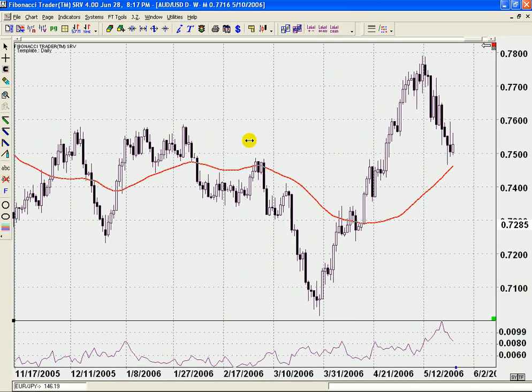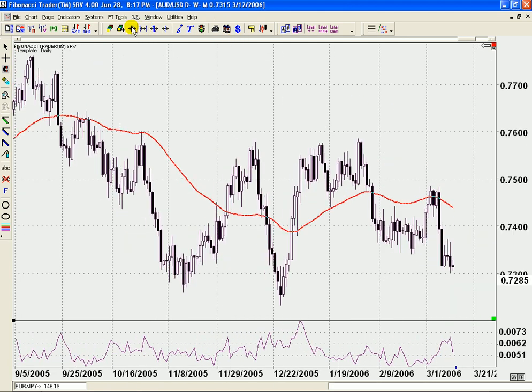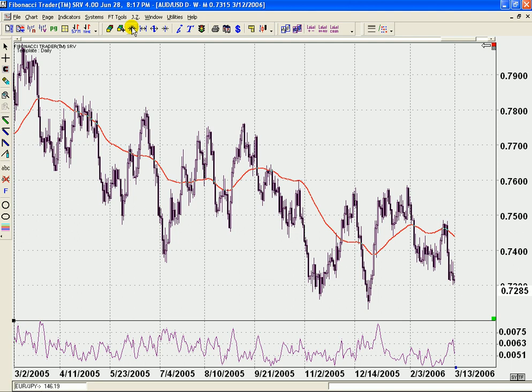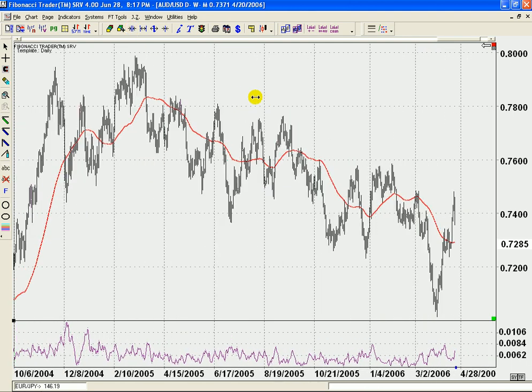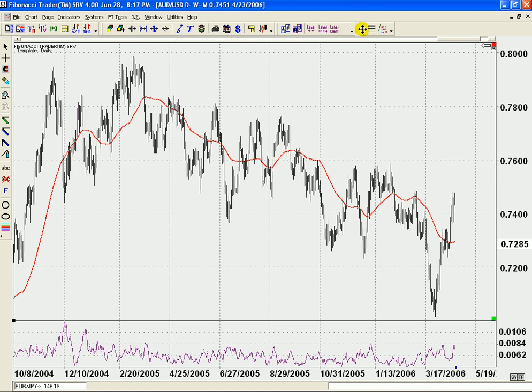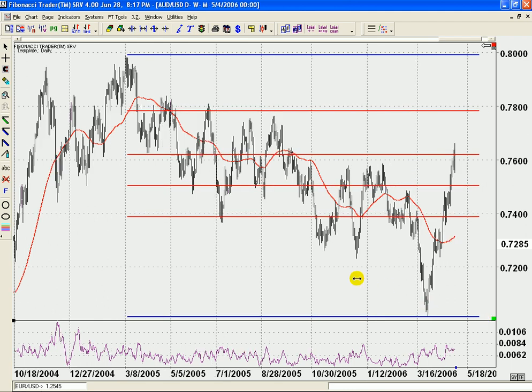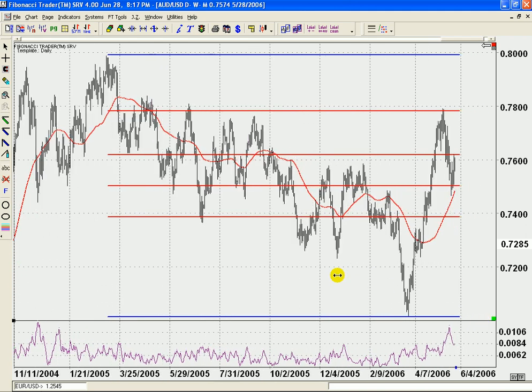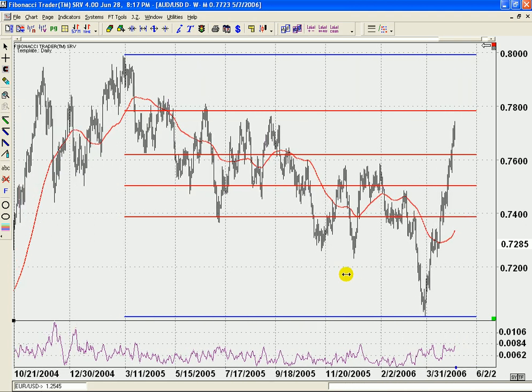Let's walk through the daily chart scenario. We can maybe see some of the bounces here. Not really. We can see the weak highs.